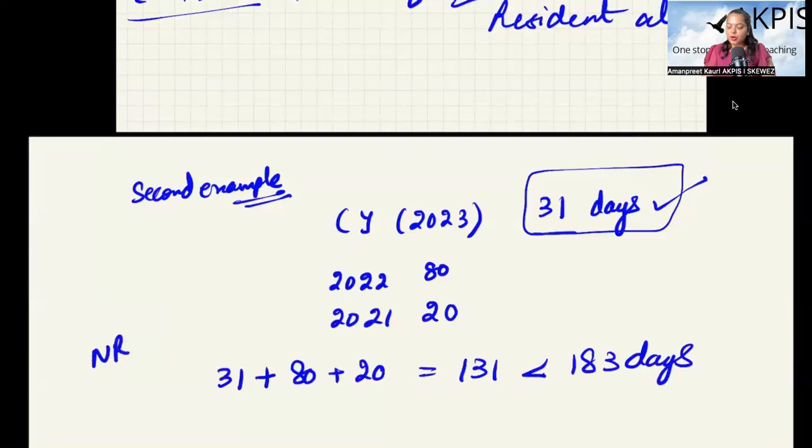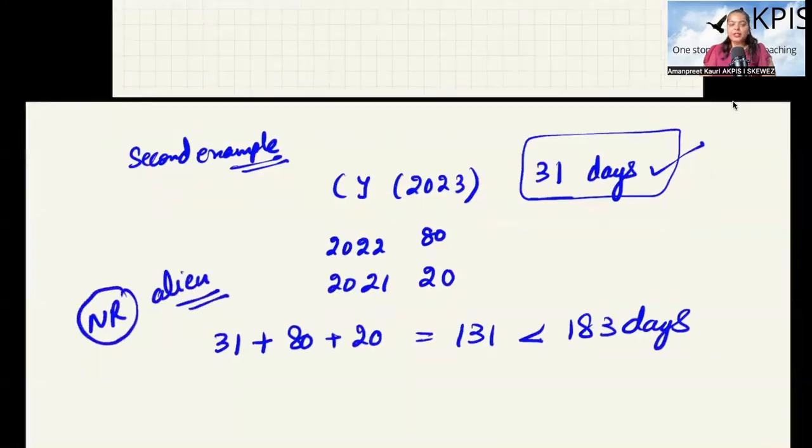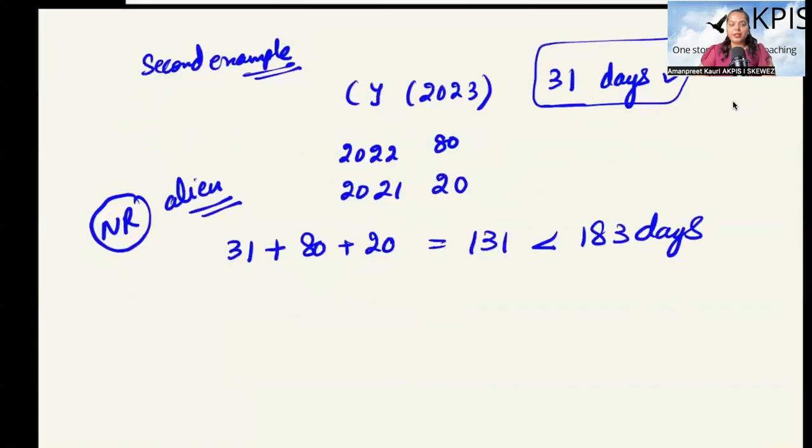Straight away, a non-resident alien. So if a person is a non-resident, he is supposed to pay tax only on income earned in the United States of America, not on worldwide income, but only on the income which is earned in the US or the business connected within the US.